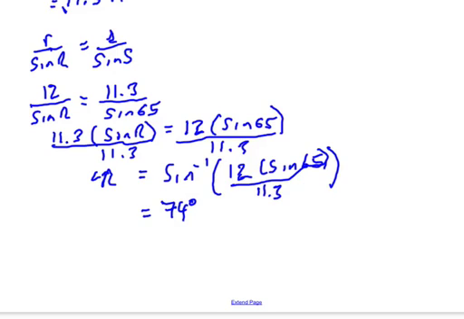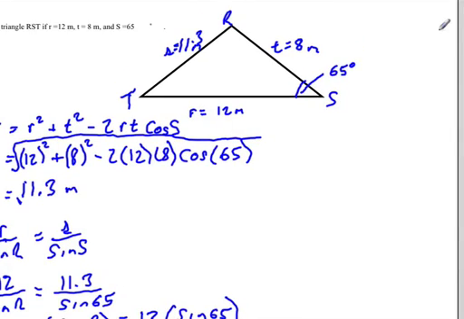And so going back up to our original question, remember that we estimated it to be a little bit greater than 65. And so now to find angle T, it's going to be equal to 180 minus the measure of the other two angles, so minus angle R plus angle S, so it's going to be 180 minus 74 plus 65.